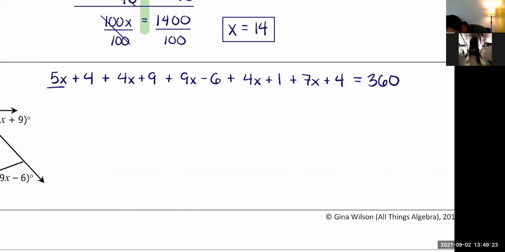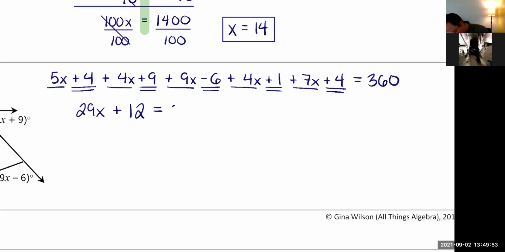So I see 5x, 4x, 9x, 4x, and 7x, which for the sake of saving a little bit of time, if someone wants to check, I got 29x. And then going through, I've got 4, 9, negative 6, positive 1, positive 4. I got 12. Still should equal 360.